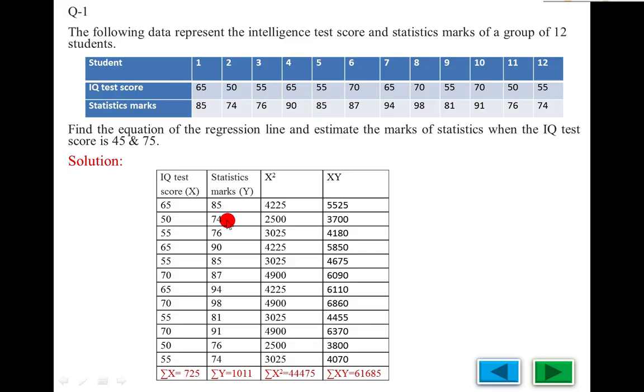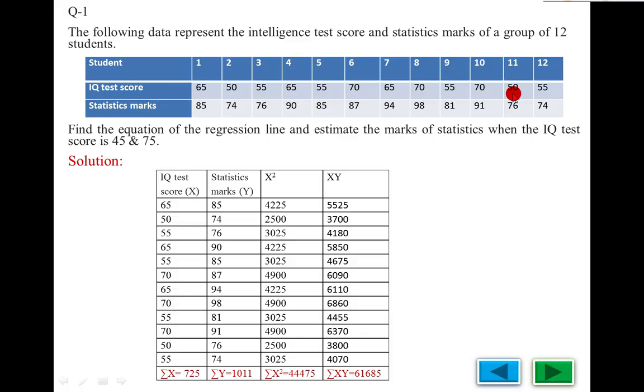Or you can estimate unknown values not given. 45 is not given in this X, 75 is also not given in this, but 45 is outside the range of the data.